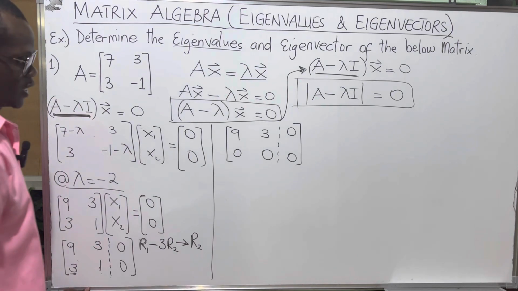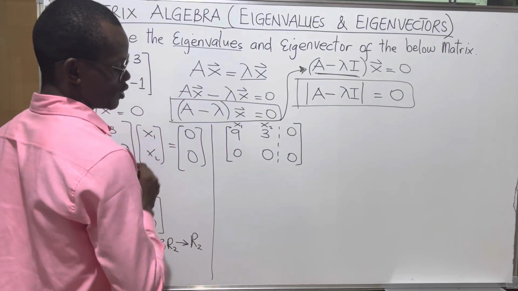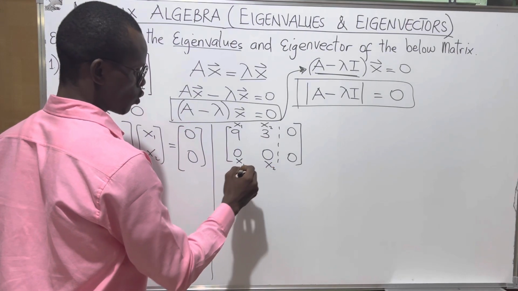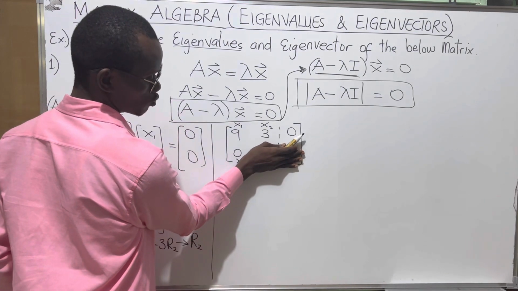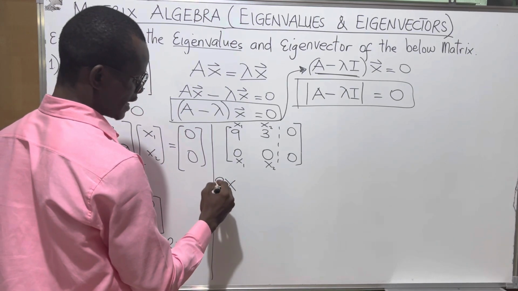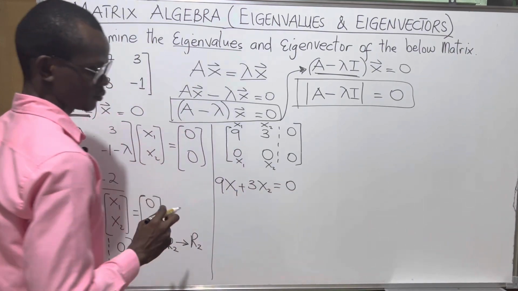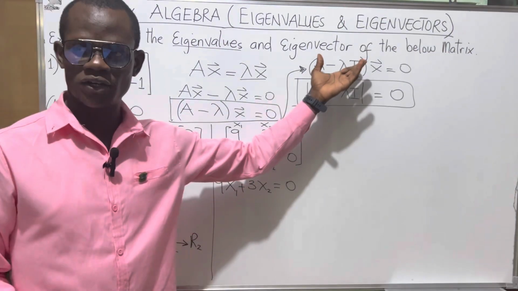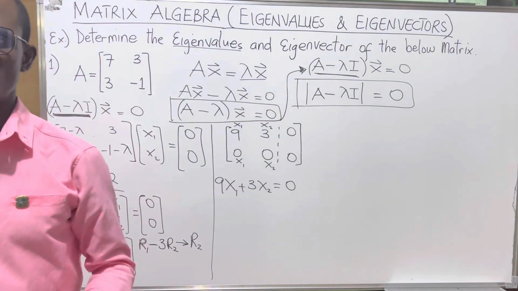So what do we observe? Now, we know that this is x1, this is x2. So by way of back substitution, meaning you have x2, you have x1, we do not have a value now for x2. So from the first row, we have 9x1 plus 3x2 equal to 0. Since we do not need a 0 vector, the eigenvector should not be a 0 vector.